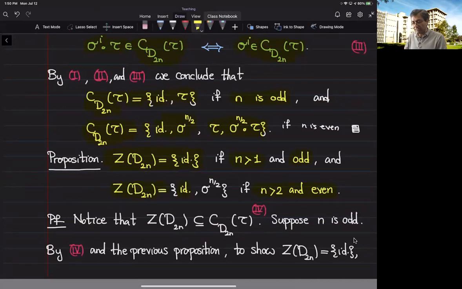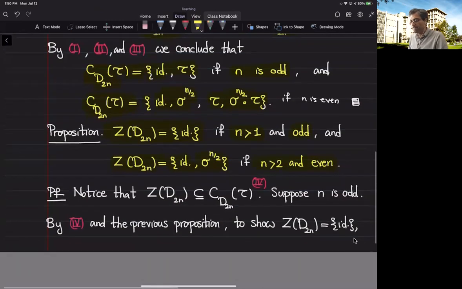One of them is, of course, identity, and the other one is this 180 rotation, the central reflection of my shape. The central reflection actually commutes with all other symmetries. Okay, so let's prove this. And of course, center means all the symmetries that commute with every other symmetry.